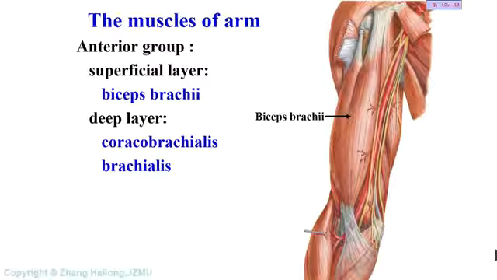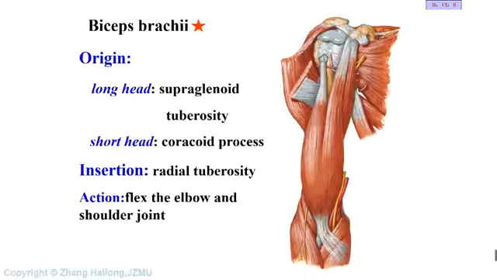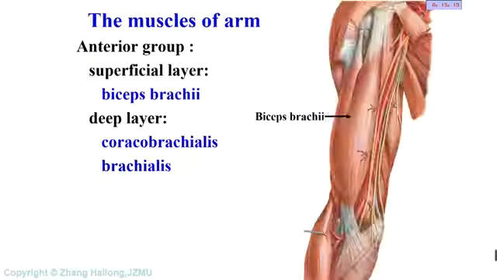It's a very strong muscle, biceps brachii. And under it, there is a deep layer. There are two muscles, coracobrachialis and brachialis. Now let's see them one by one. First, the biceps brachii in the superficial layer. You see here, biceps brachii.